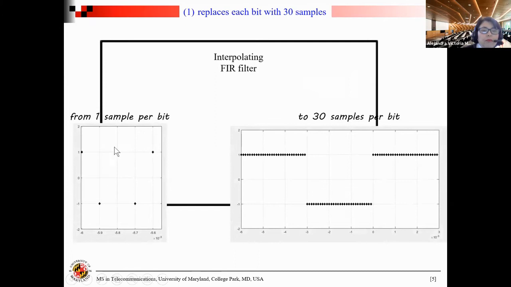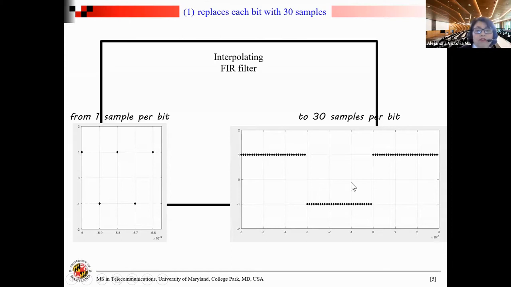The first thing that happens is that each bit, so either 1 or -1, 1, -1, -1, gets turned into 30 samples. So this one is these 30 samples, and this -1 is these 30 samples, and this one is these 30 samples.